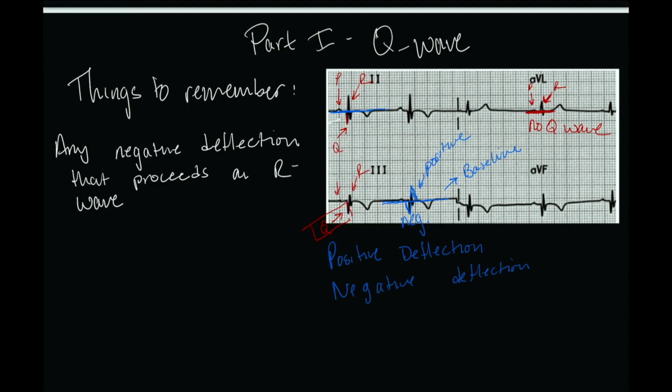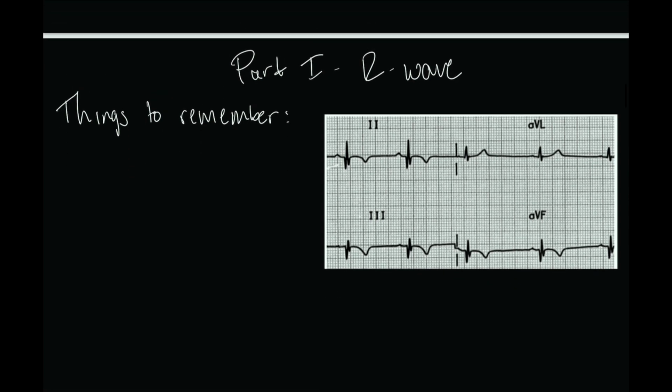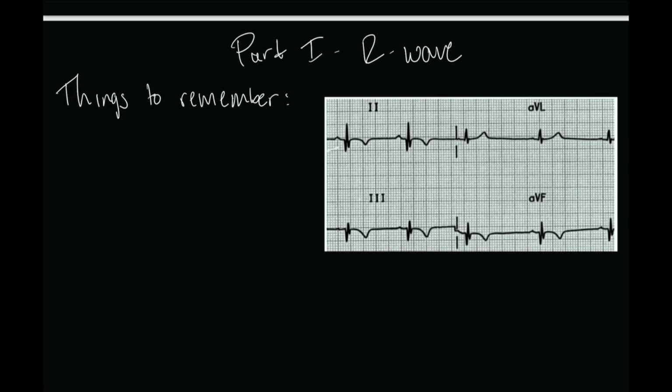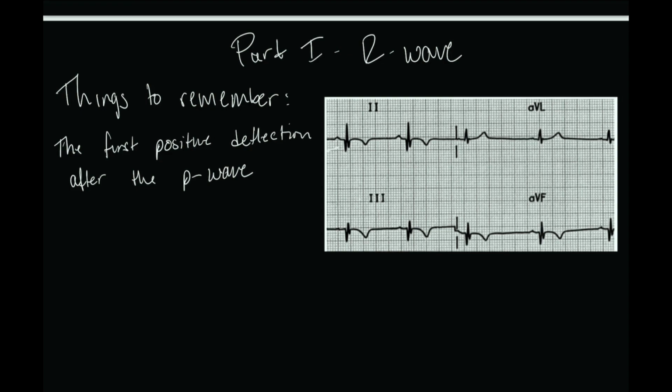The next wave we are concerned with is the R wave. We reviewed it just now, but for the sake of completion, the R wave is the first positive deflection after the P wave. So again, if we look at this example, we have our P wave.